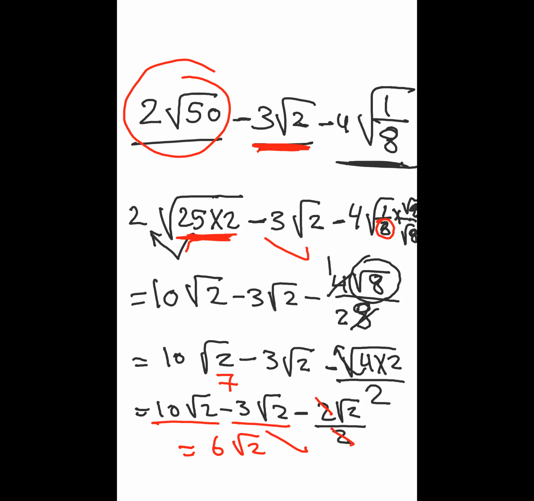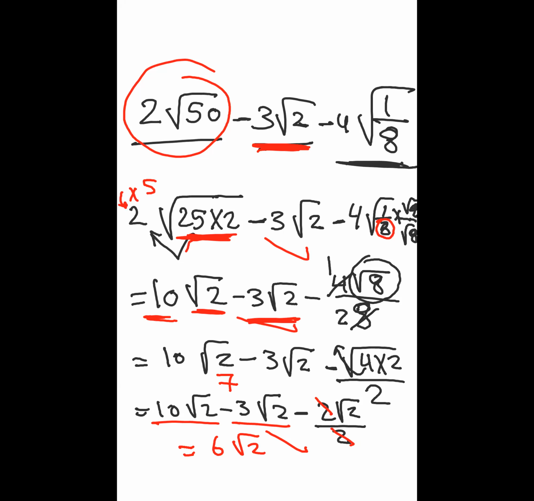So this 25 will be outside the square root. The square root of 25 means 5. So 5 times this 2 will equal 10 square root of 2, right? Then minus 3 square root of 2 will be the same.